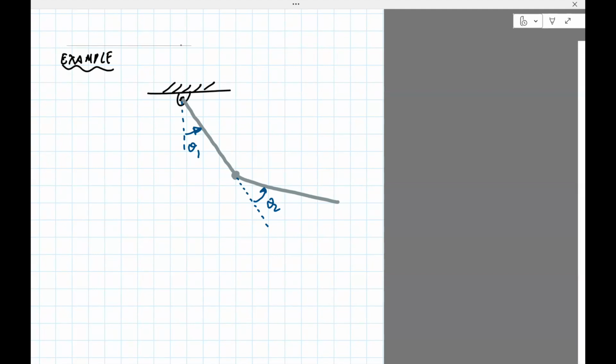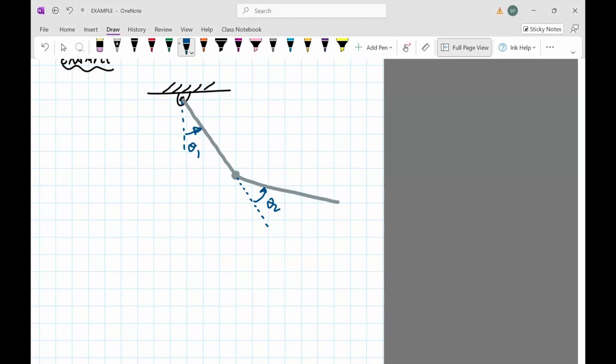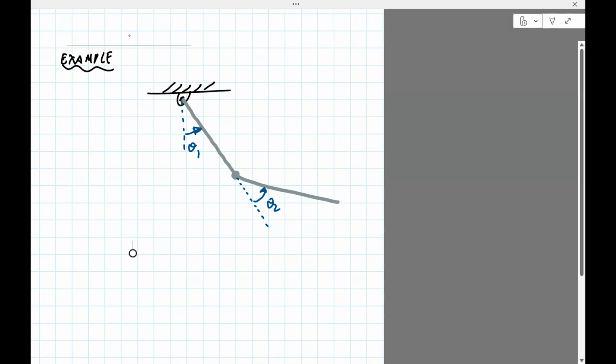Okay, and then what we'll do is, instead of the end effector, and what I'm going to do can be done for any point, we'll actually compute the velocity of the center of mass. Okay, and I'm going to assume that the center of mass is at a distance of c1. So let's call that g1 and g2.